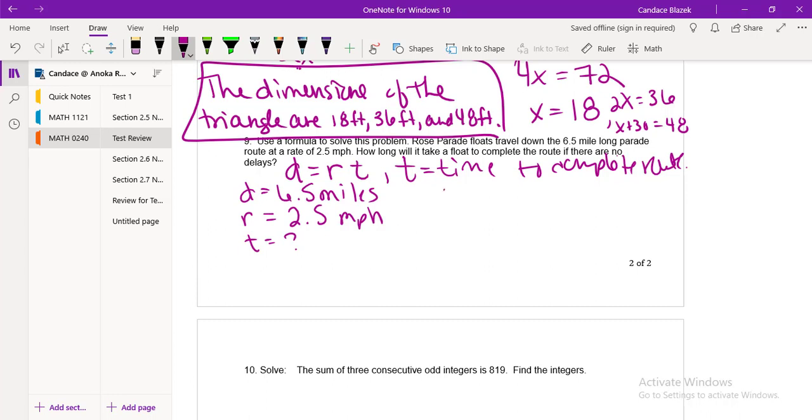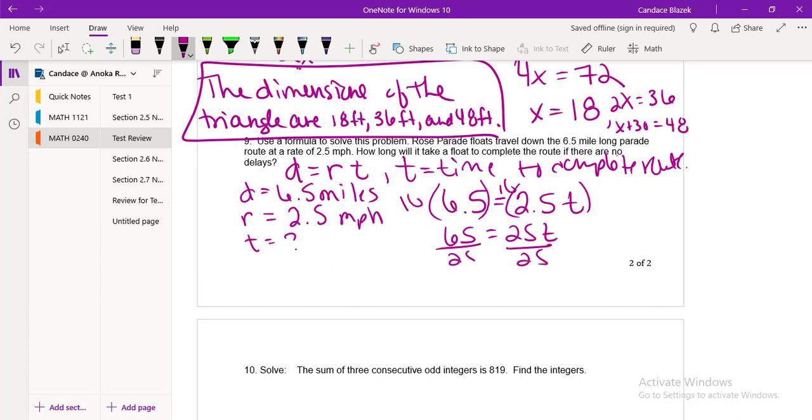And when I do, I end up with 6.5 is equal to my rate of 2.5 times t. All right, I'm going to multiply both sides by 10 right away, to get rid of the decimals. So 65 is equal to 25t. And let's divide both sides by 5.